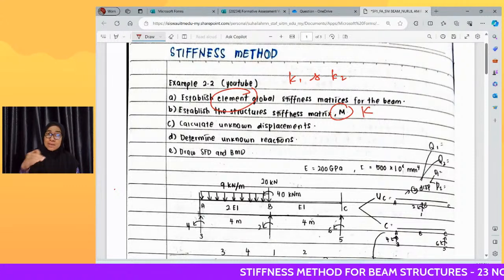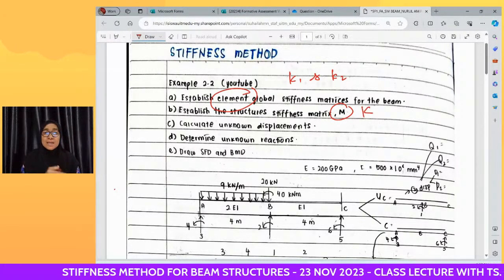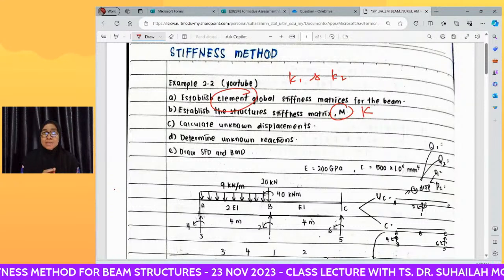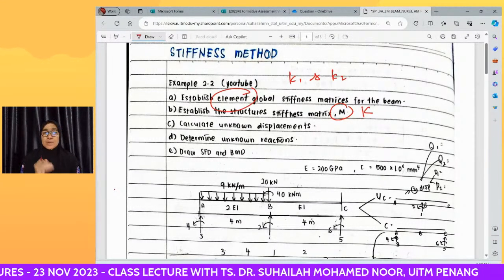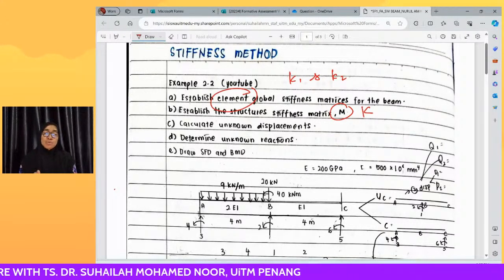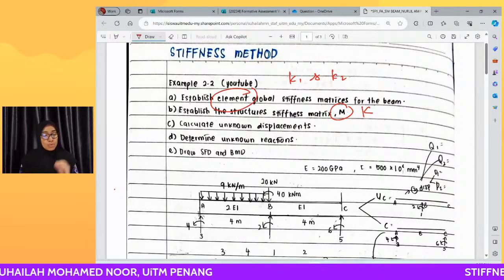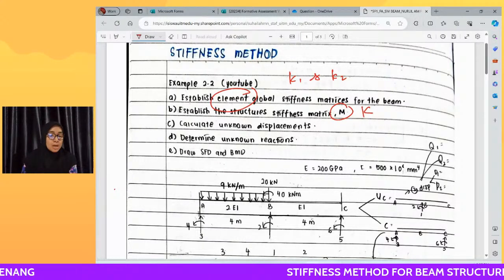Even though the question does not ask about writing the stiffness equation or force-displacement equation, that step is compulsory. You don't have to write it in full, but you need it in order to solve for the unknown displacement.